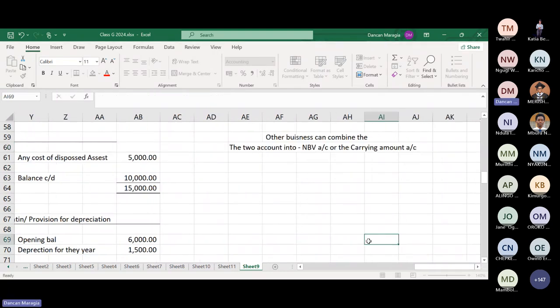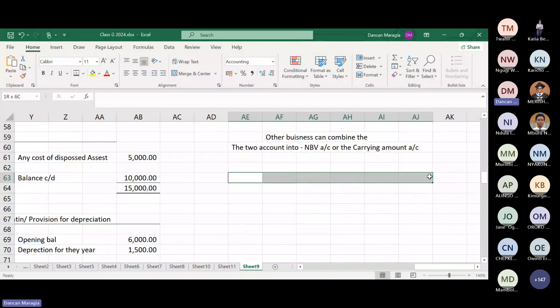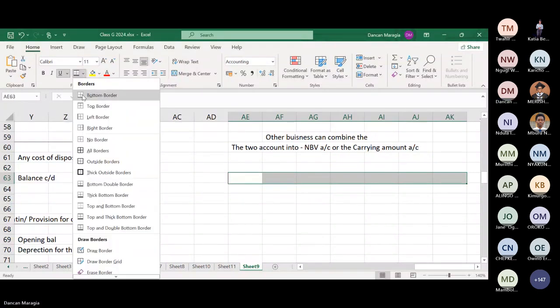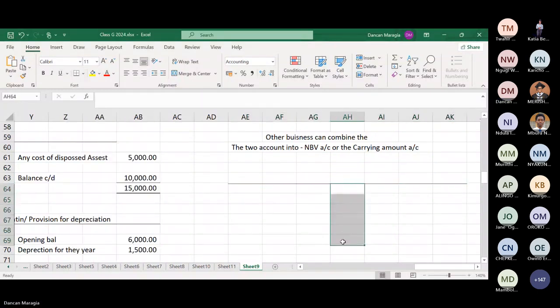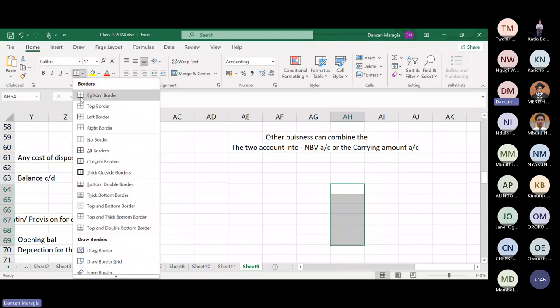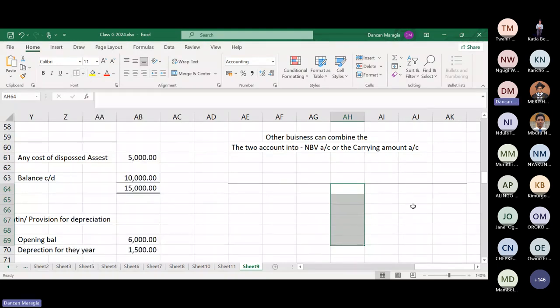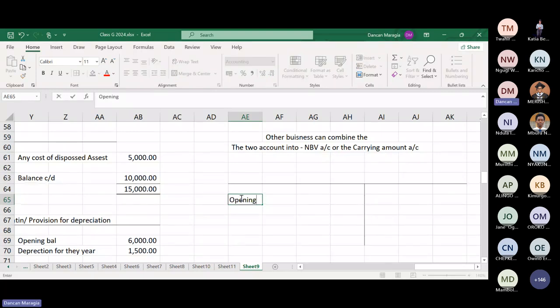Carrying amount account. When you have that, they will only be recording things net off. So they will usually say opening net book value. So this is the carrying amount or net book value account. Opening net book value, then add additions or purchase of assets.